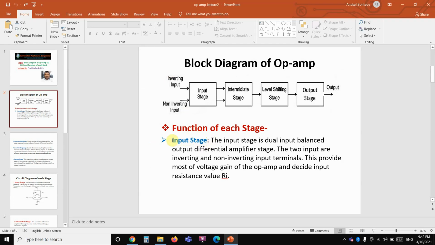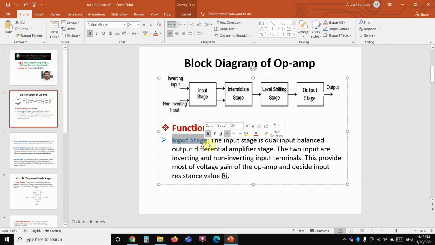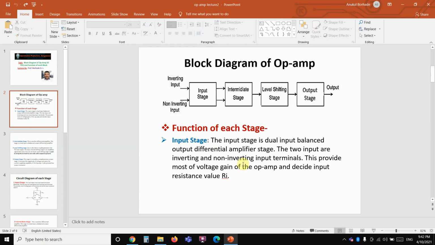The first stage is the input stage. The input stage is known as the dual input balanced output differential amplifier stage. Why is this stage known as dual input balanced output?